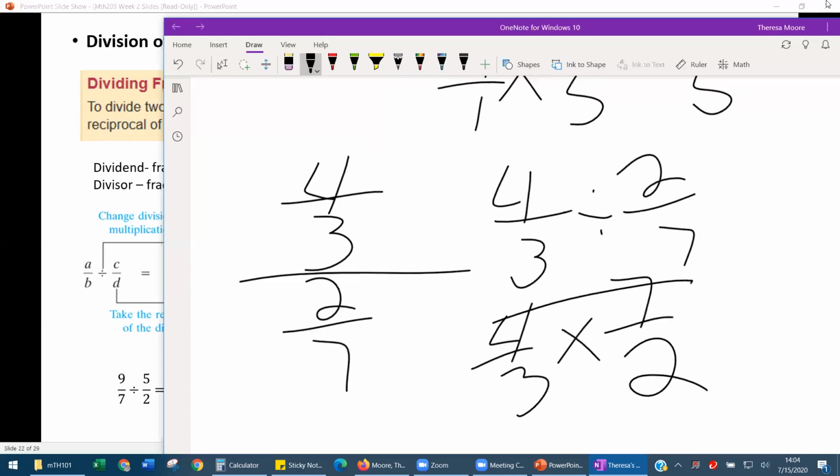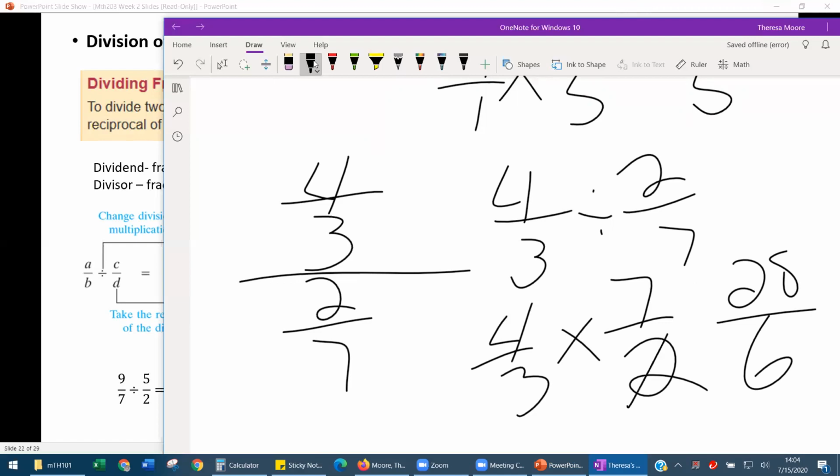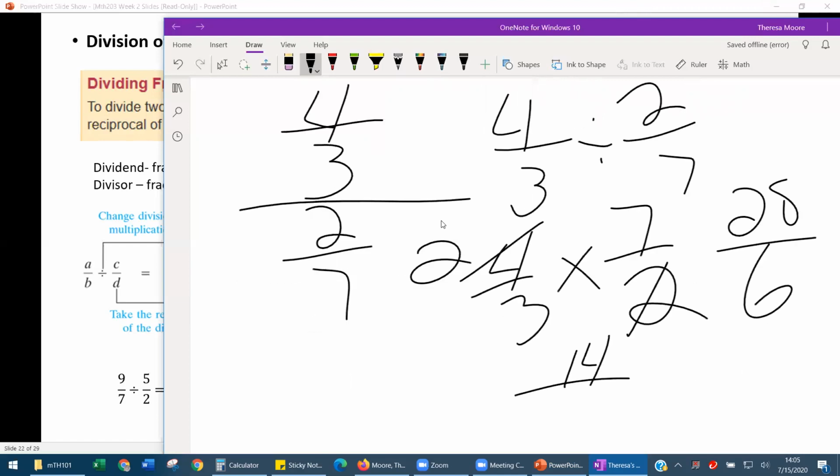So we have 28 over 6, which now needs reduced, but I could have done the reduction before I even multiplied, right? 2 goes into 2 once, 2 goes into 4 twice. So the 2 times 7 would be 14 over 3. And notice 28 over 6 reduces to 14 over 3.